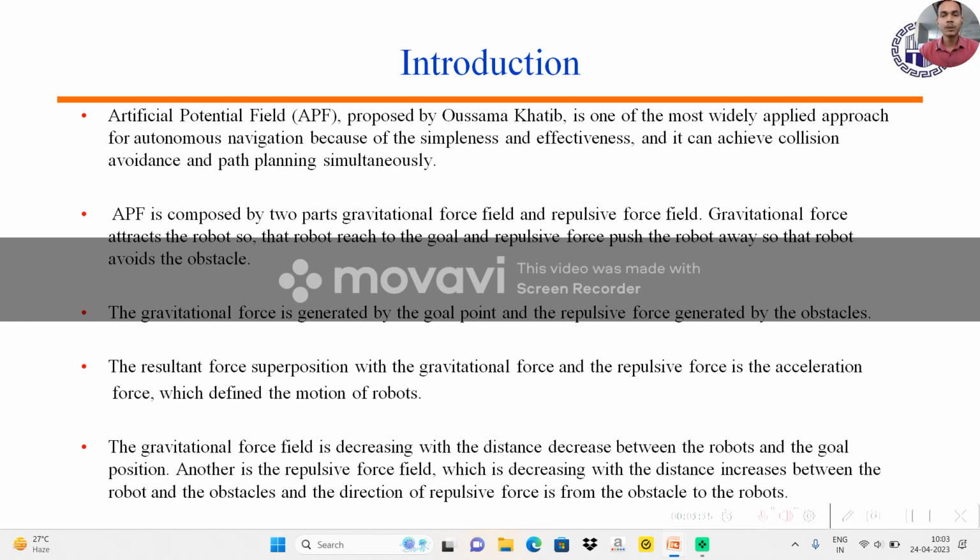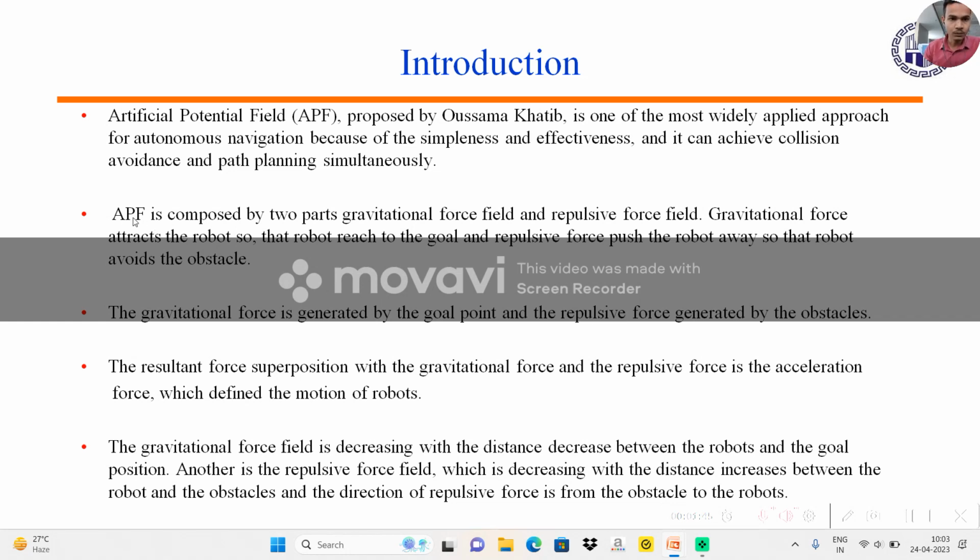It is very simple and effective for the path planning of a robot, which avoids the obstacles on the way from source to destination and continuously moves until it reaches the goal. It can achieve collision avoidance and path planning simultaneously.